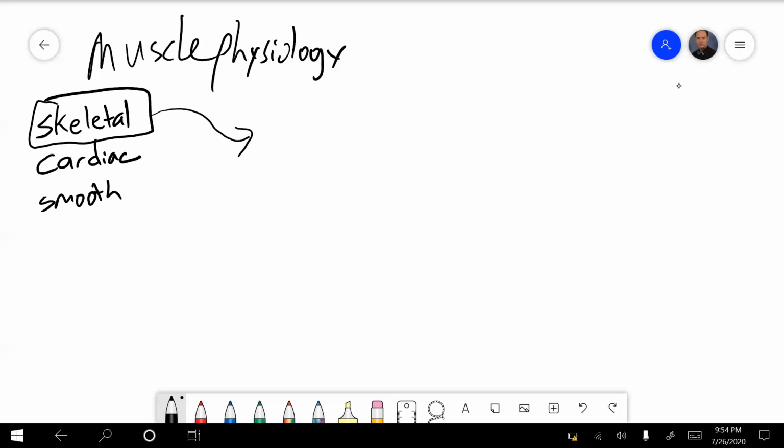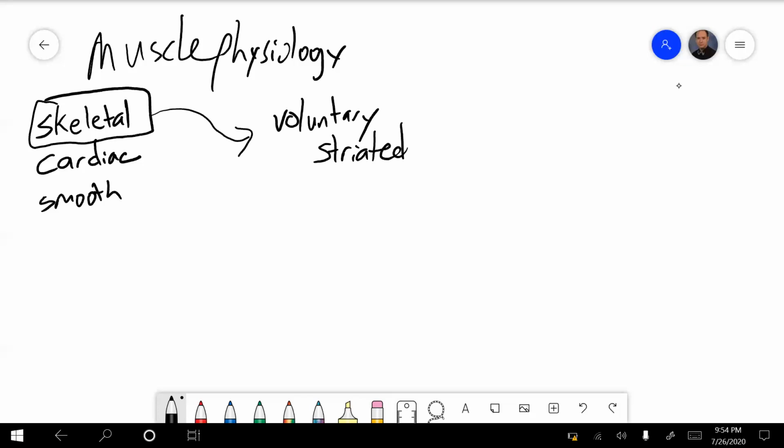Some qualities of skeletal muscle. First of all, skeletal muscle is the only one of those three muscle types that is voluntary. Voluntary meaning that you have conscious control over it. You can make it contract with conscious thought. You don't get to do that with your heart or with smooth muscle. Skeletal muscle is voluntary. Skeletal muscle is striated.